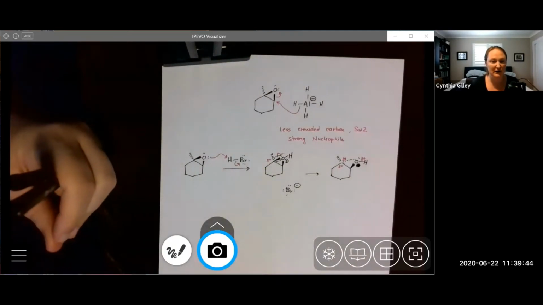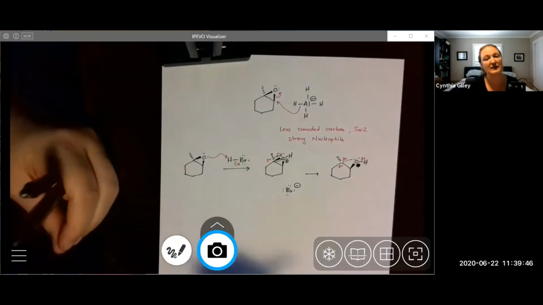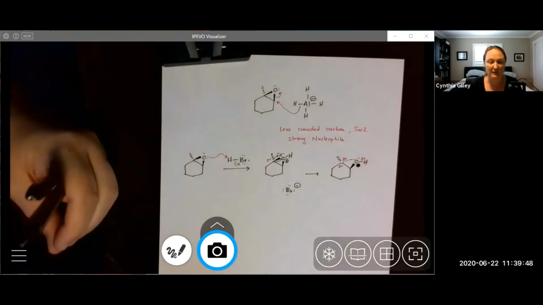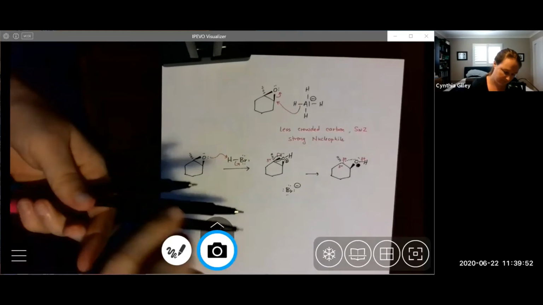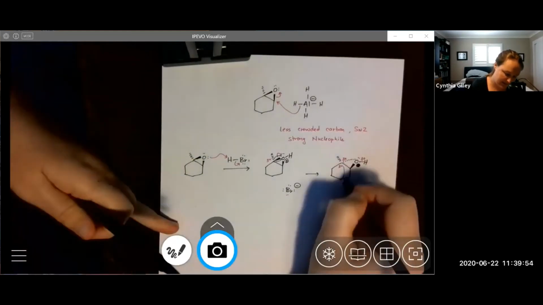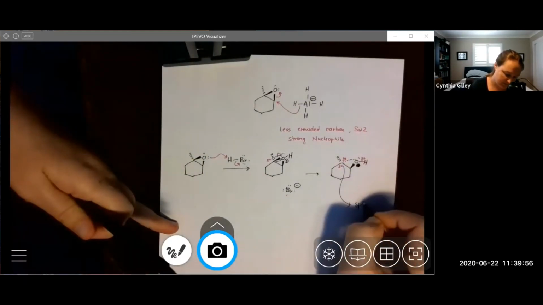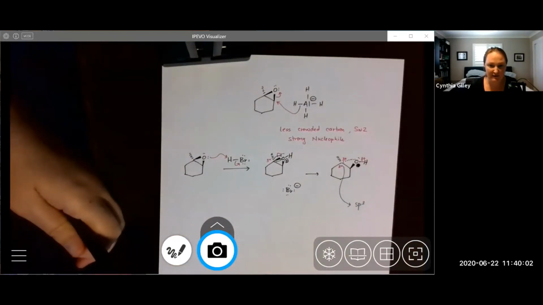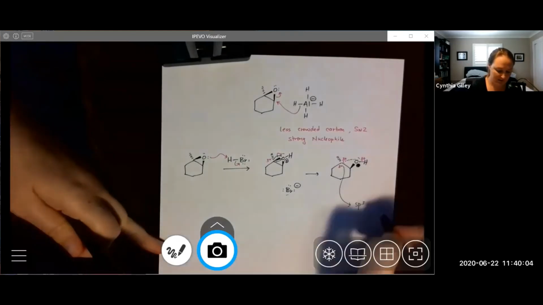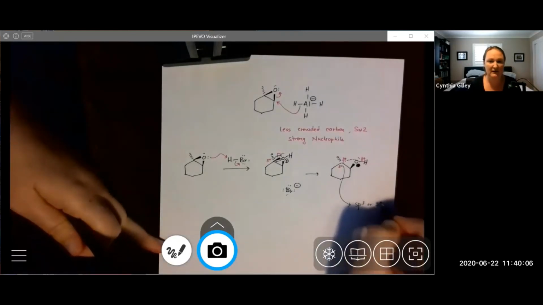The leaving group has already kind of started its pathway to leaving that carbon. So this carbon is not truly sp3 anymore. And it's not as sterically hindered as you would think. It's not even really tertiary anymore.